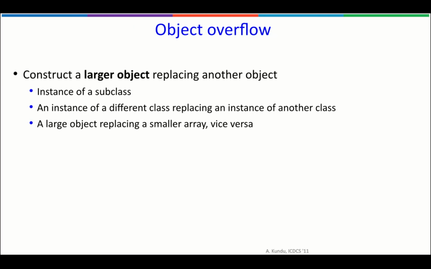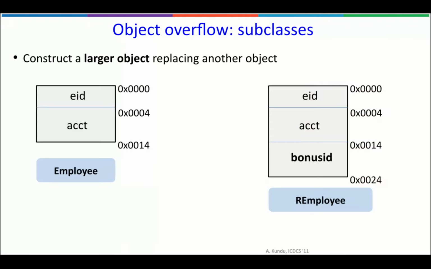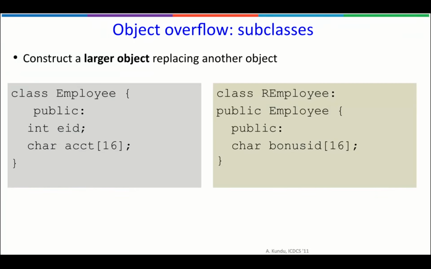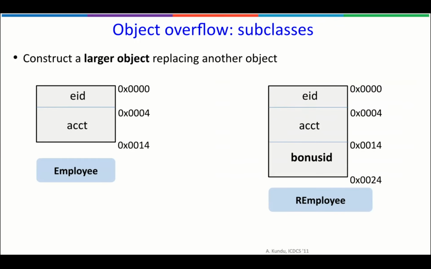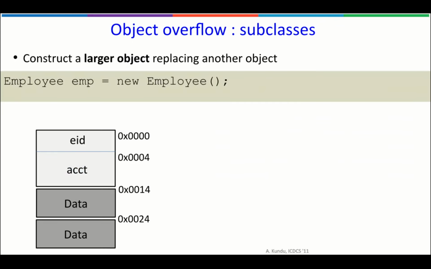Now, object overflow. These are all details, and I'm not going to go into that right now. Just to give an example here, subclasses: how you can use subclasses to carry out object overflow. You have an object called employee, and you have an inherited class called rEmployee, which has an additional variable called bonus ID, which is 16 bytes. Now we have created an employee object emp.